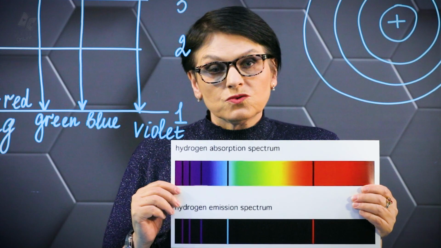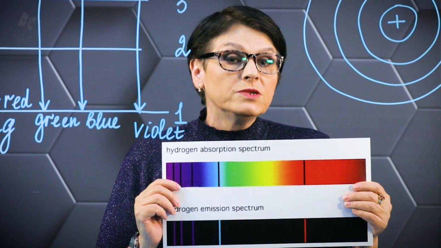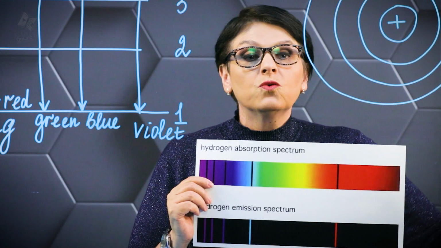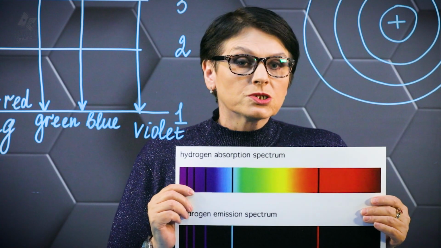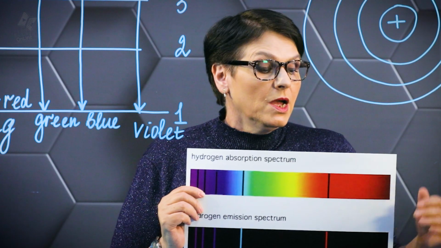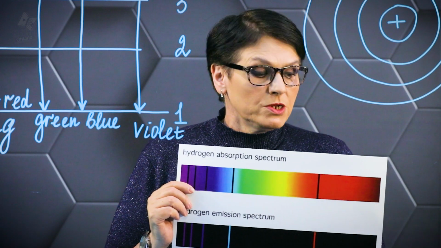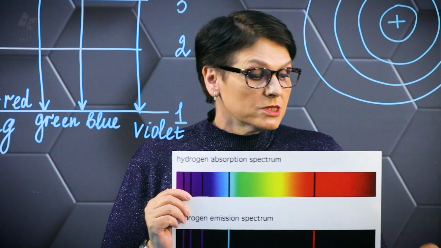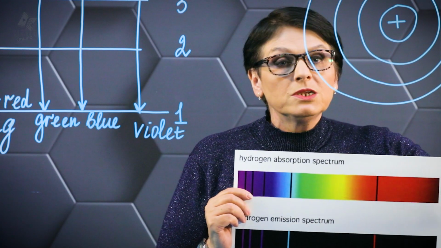And once again, let's clarify that the visible spectrum corresponds to transitions from different energy levels towards lower energy levels. At the same time, the larger the transition, the more it corresponds to the line of the visible violet spectrum.